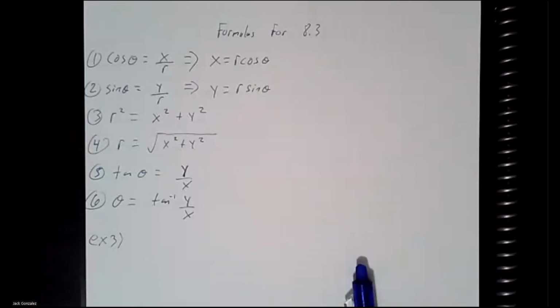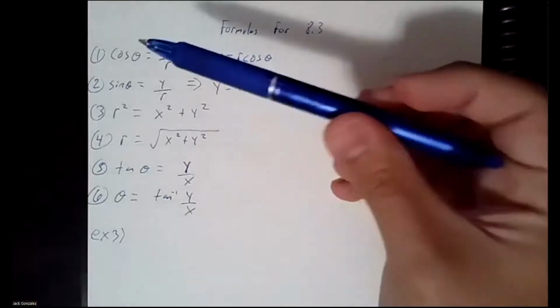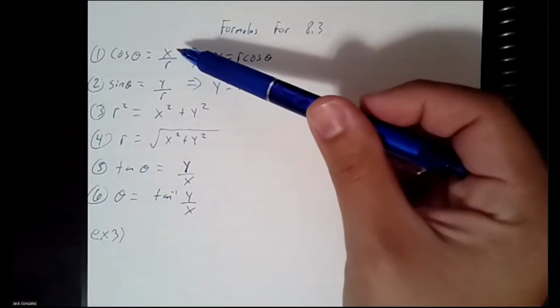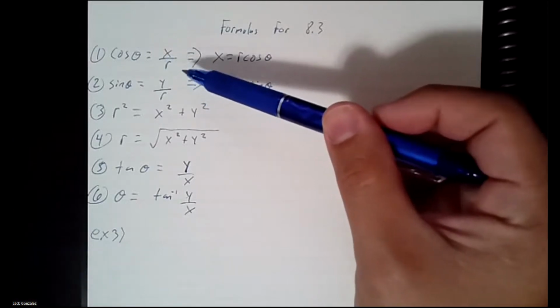All right, let's do another example. So we're going to need these formulas for the next few problems. Let's go over them real quick. Remember that cosine theta in general is equal to x over r, where r is the radius of the circle in question.